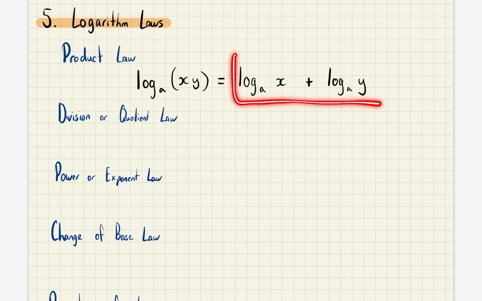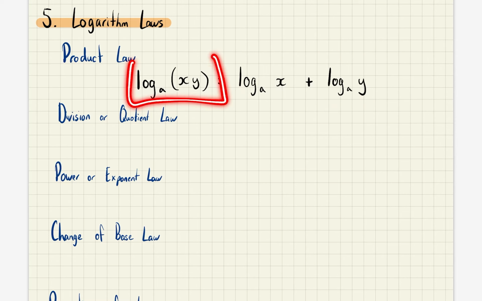So if I've got two logs with the same base, and then I've got two numbers, but they're being added together, I can then bring it into one log where I multiply those numbers together. So the division law, and sometimes we use the word quotient instead of division, is similar but with division, and that means we're going to have subtraction instead of addition.